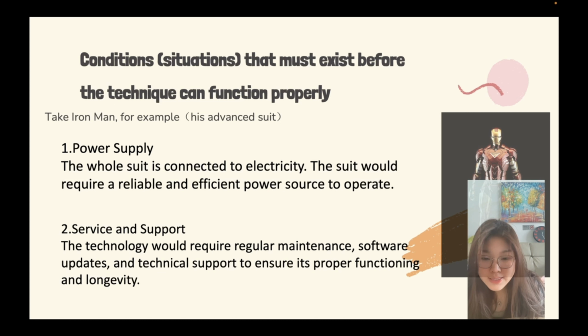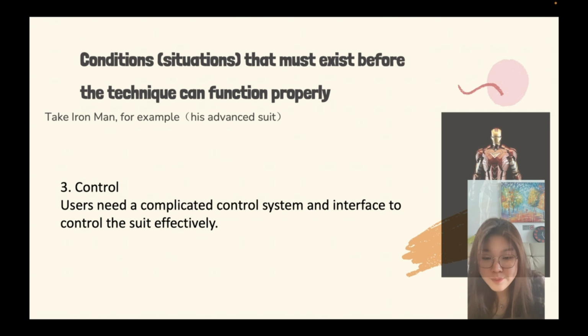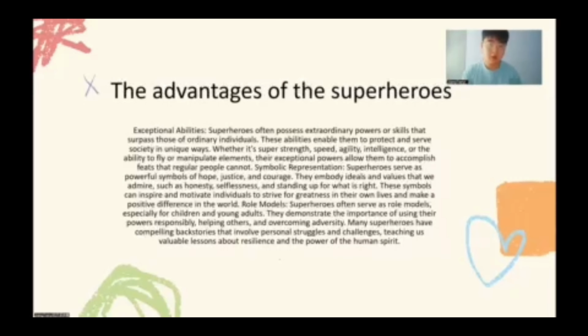The second one is about how to sustain and support it. This technology would require regular maintenance and software updates to keep it functioning for a long time. And the third one is about how to control it. Users need a complicated control system and interface to control the suit effectively.